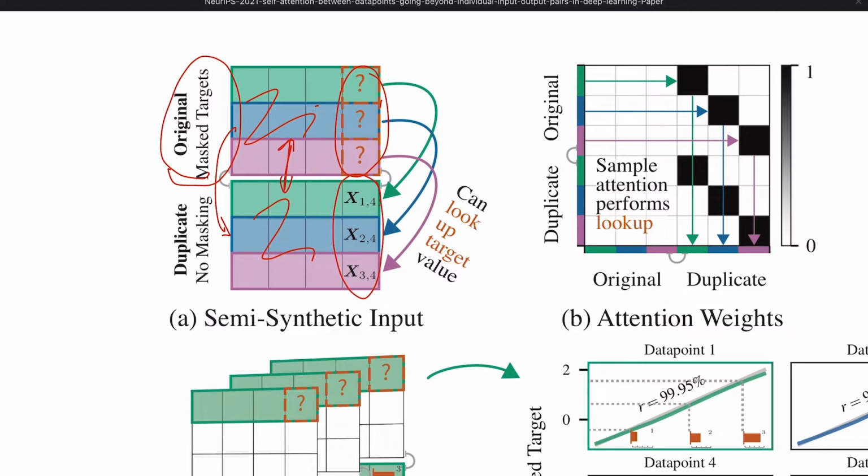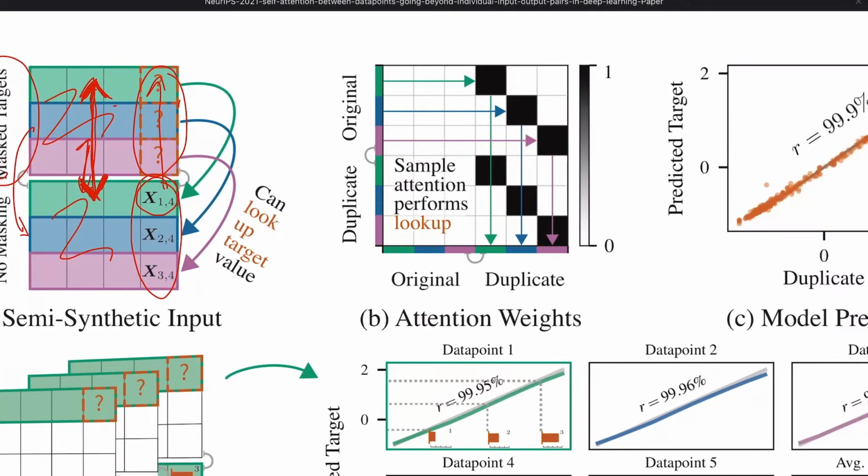And you train this algorithm, and then the algorithm is going to find out to look like a lookup table, to look at the exact data point, because it knows that it has a duplicate, and at test time, it learns to look at the most similar data point and grab this value and put it there.